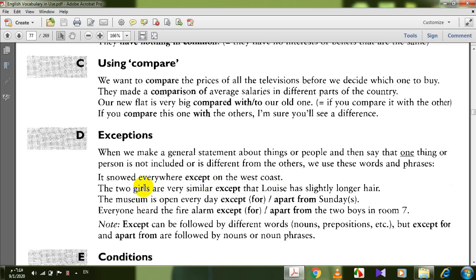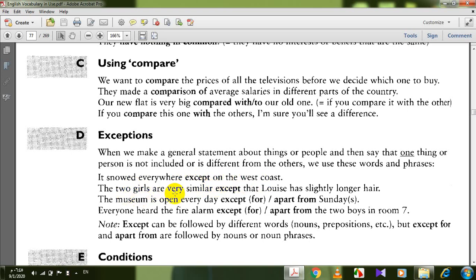Except on, because it's snow on. We need to notice here that this preposition changes: except on, except in, except that sometimes.